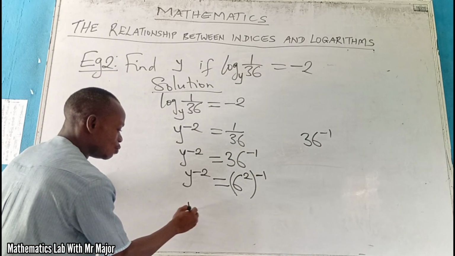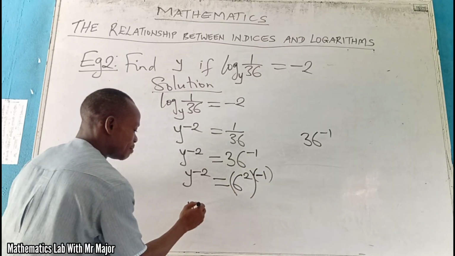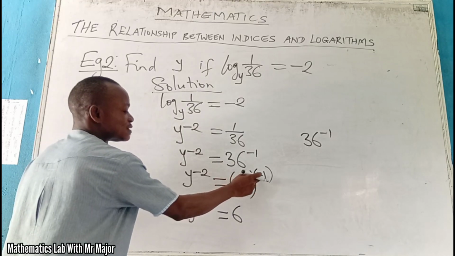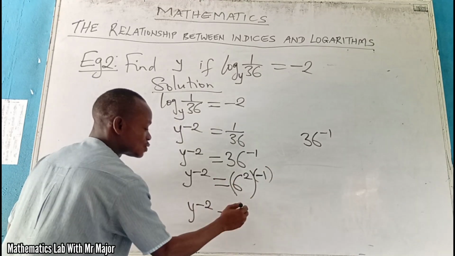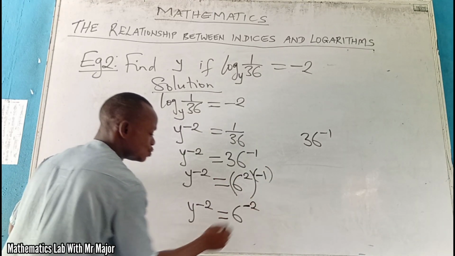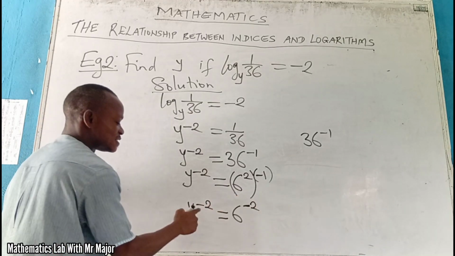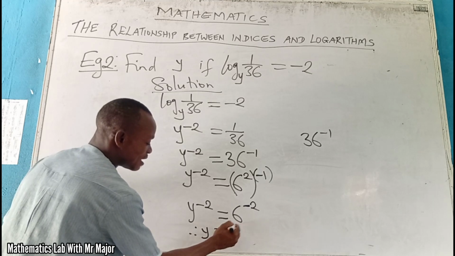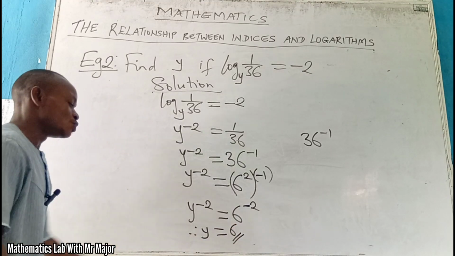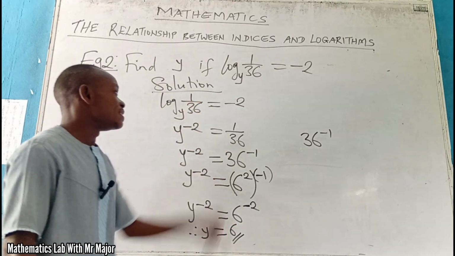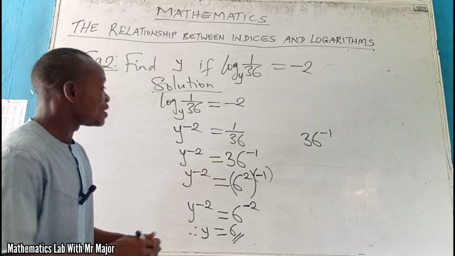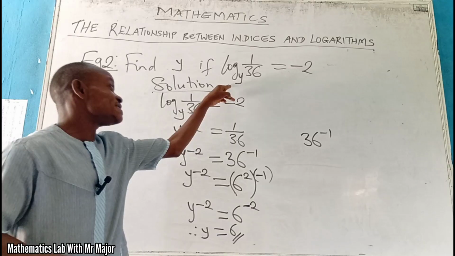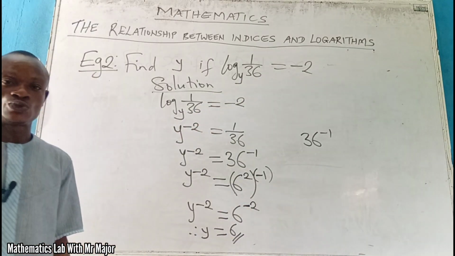This will now be y raised to power minus 2 equal to 6 raised to power 2 times minus 1. 2 times minus 1 will give us minus 2. So now the powers are the same, minus 2 here, minus 2 here. So we can equate the bases and say our y is equal to 6. So the value of y here is 6. That means log 1 over 36 to base 6 equal to minus 2.